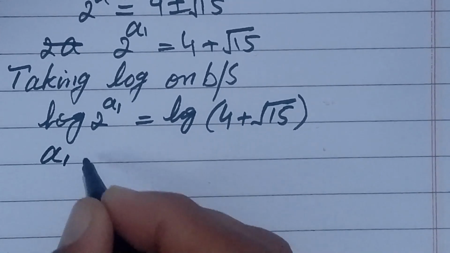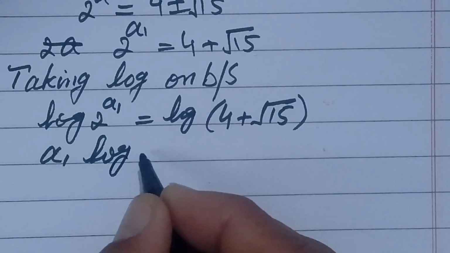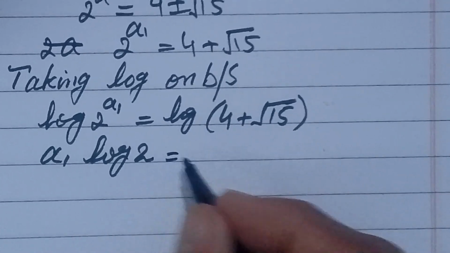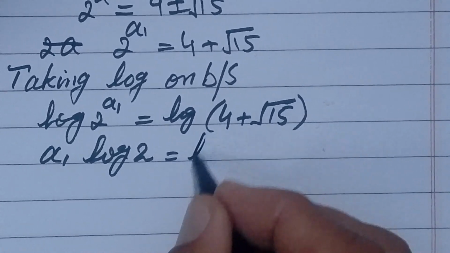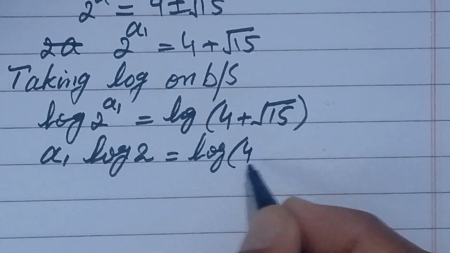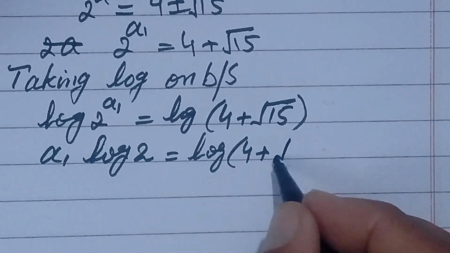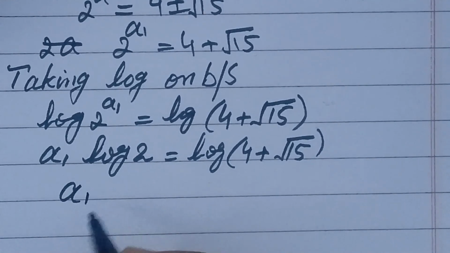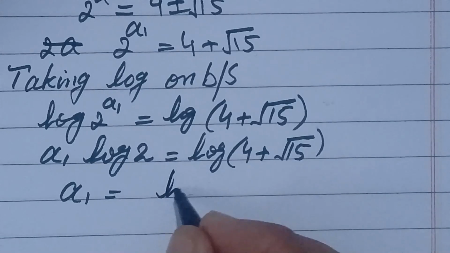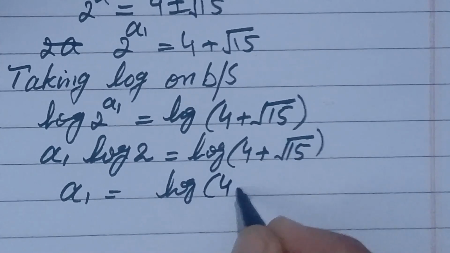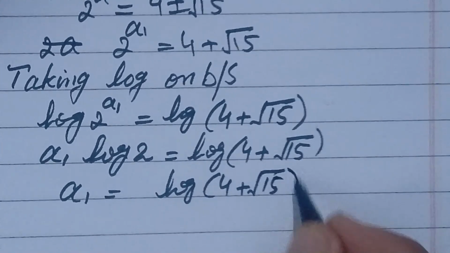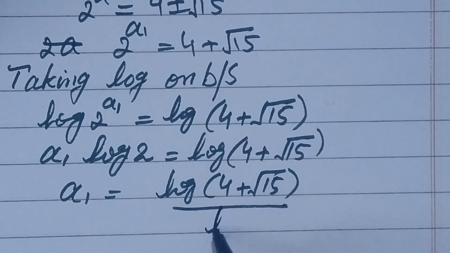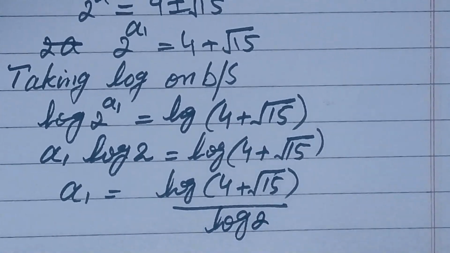Here a1 log 2 is equal to log of 4 plus under root 15, and a1 is equal to log of 4 plus under root 15 over log 2.